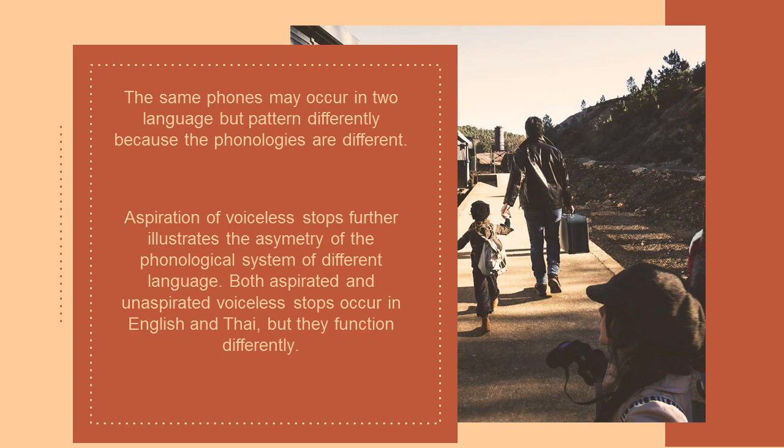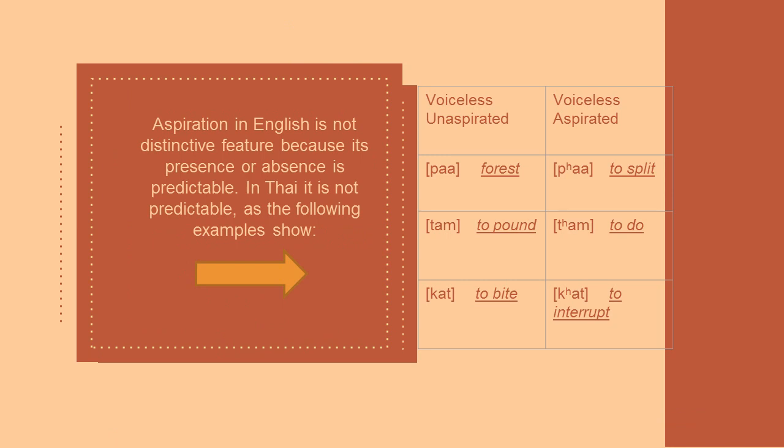Both aspirated and unaspirated voiceless stops occur in English and Thai, but they function differently. Aspiration in English is not a distinctive feature because its presence or absence is predictable. In Thai, it is not predictable, as the following examples show.